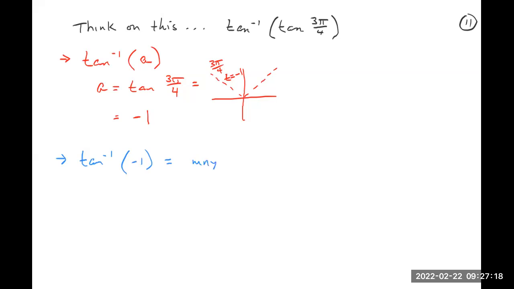Remember, we may only draw from quadrants 1 and 4. Quadrant 1, if a is positive. Quadrant 4, if a is negative.